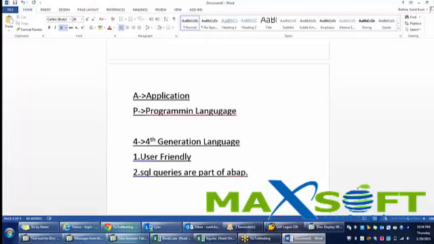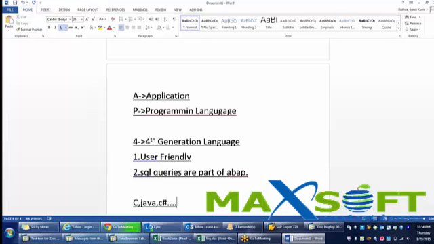But languages like C, Java, C++ do not have inbuilt SQL queries. You're getting my point. Through ABAP, you can directly hit the database, but through C or Java, you cannot.